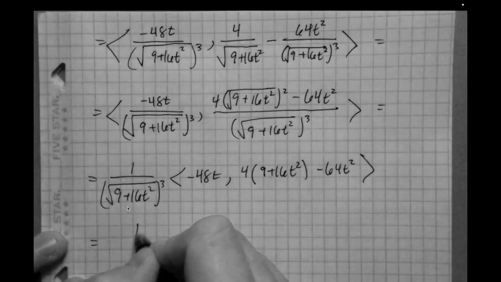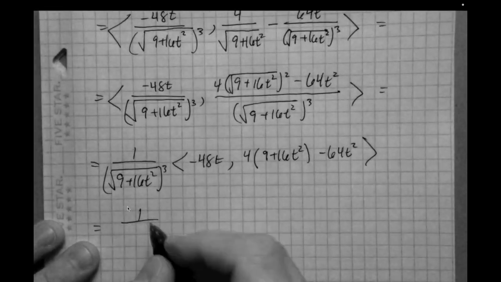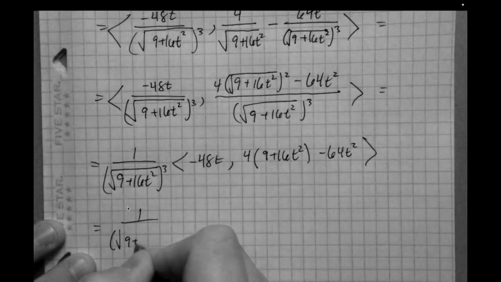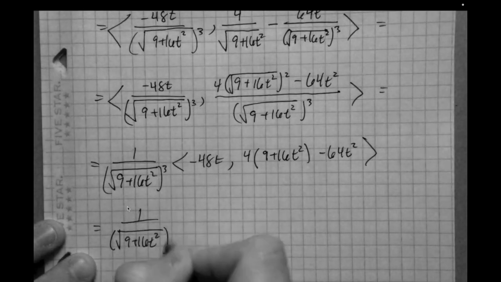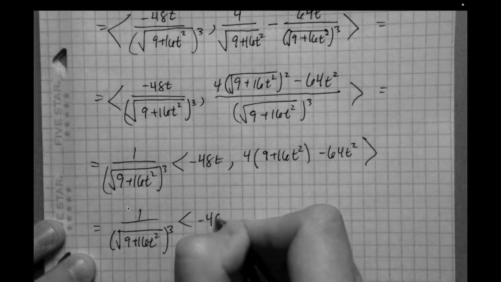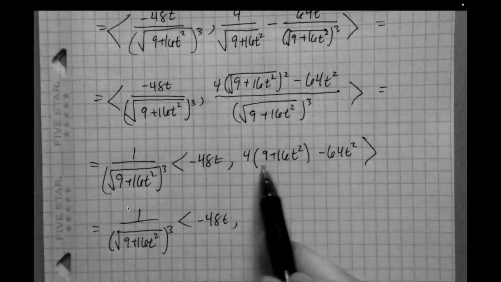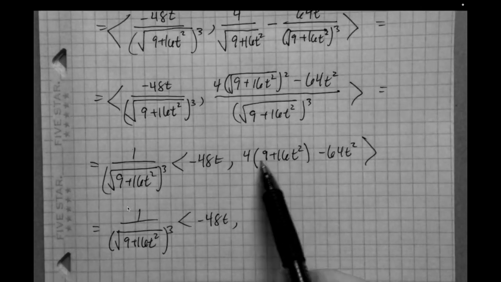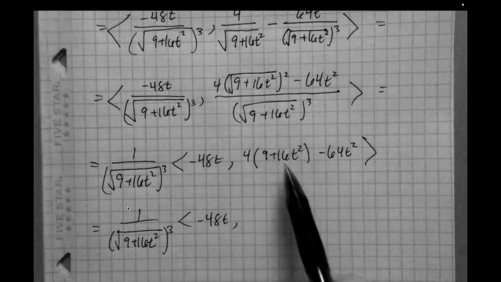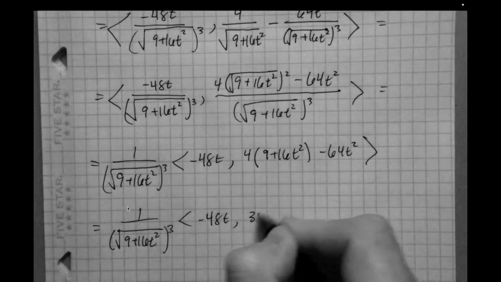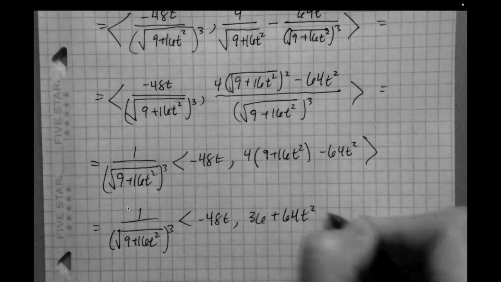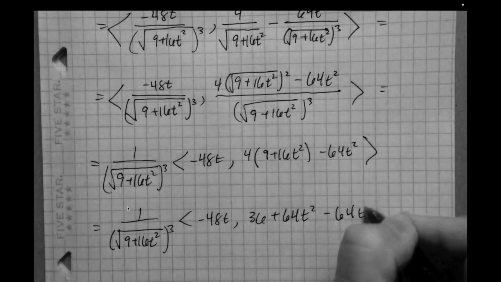And finally, we're getting pretty close here. We'll have to expand this. So it's the square root of 9 plus 16t squared, all cubed, and negative 48t. Now what can we do here? Well, we can expand all of this basically, right? And so what do we get? 9 times 4 is 36, plus 64t squared, and then minus 64t squared.